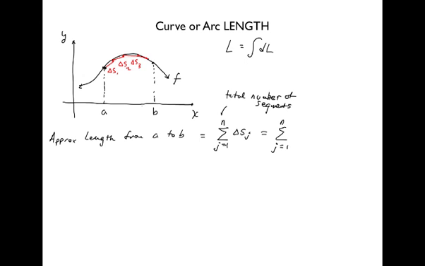What about a triangle? Yeah, so there's a triangle here. So that delta S1, that's the hypotenuse, right? So how do we write the length of the hypotenuse of a triangle? Right.